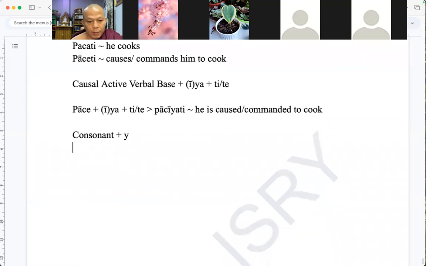At that time, the first group is the ka group, the group of consonants, and group consonant plus ya is the pattern.